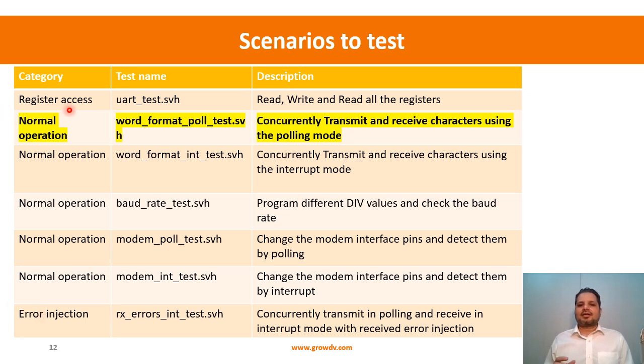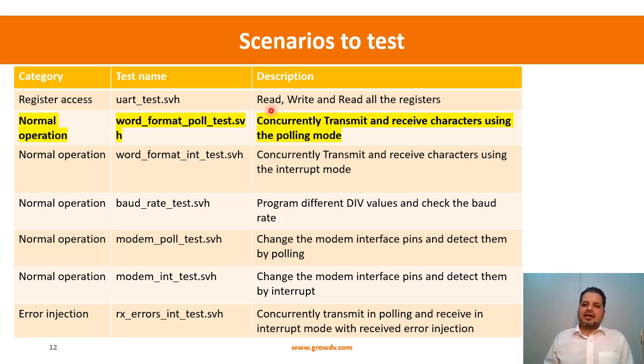In the register access test, we have this UART test.svh. It does read, write, and read of all the registers, and generally this type of test is very useful. On power on, you read all the register values and check if they match the power on reset value. If you remember in the previous register specifications that we saw, below each register description they mention the power on reset value.